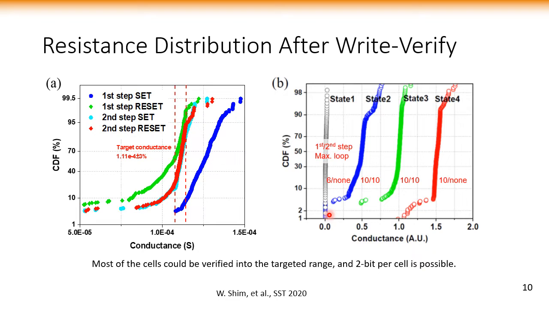And here we show 4 levels of the distribution after the write and verify. So this can encode 2 bit per cell data. We do see that the intermediate state may have some tail bits, but most of the cells can be converged to the target level. Here the axis is in the Gaussian scale, and most of the cells are within the target.